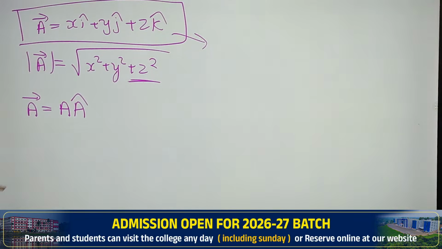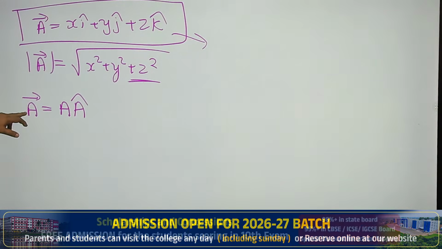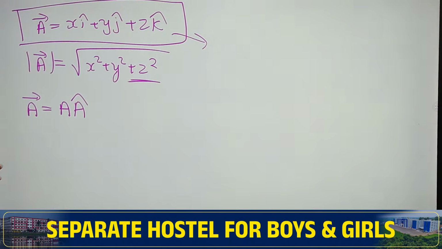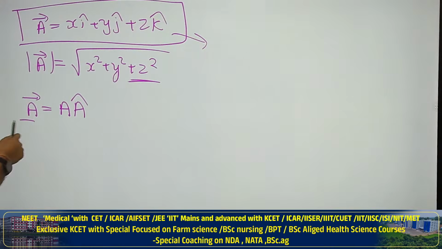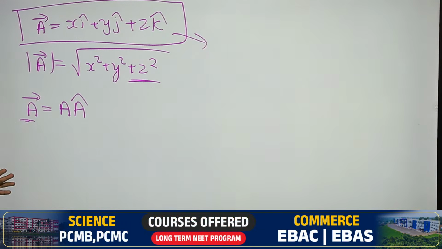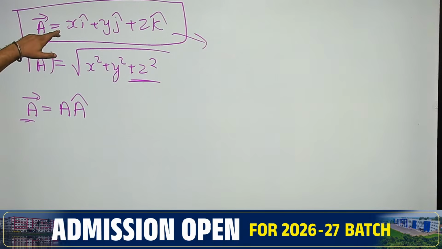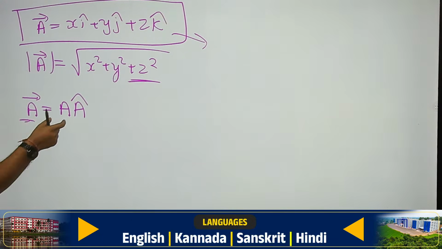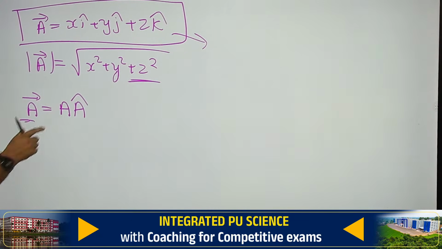We also represent a vector by magnitude and direction separately. We can represent a vector by magnitude and its direction separately. Here we have vector form in terms of coordinates. We can represent a vector in the form of magnitude and direction separately.